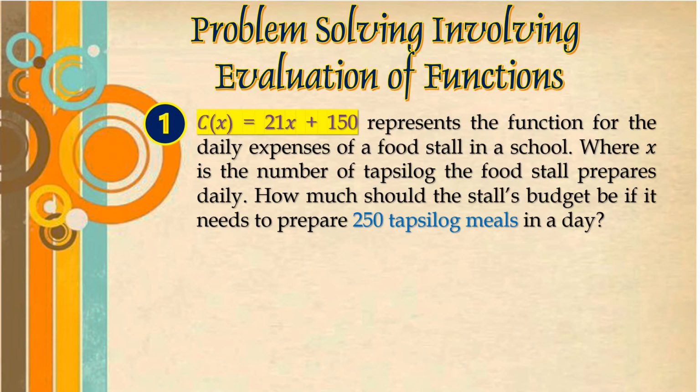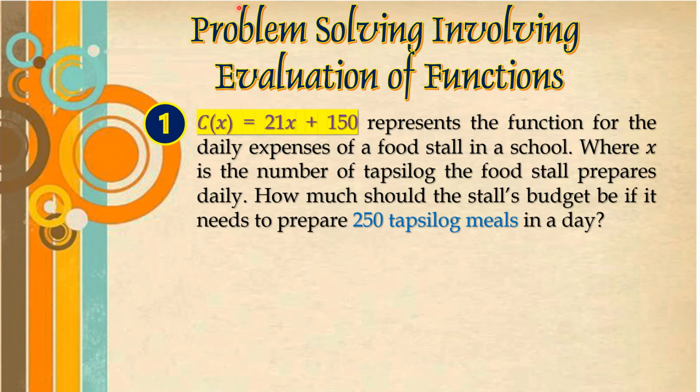Now, let's proceed with problem solving involving evaluation of functions. So we have here a word problem. C of x is equal to 21x plus 150 represents the function for the daily expenses of a food stall in a school, where x is the number of tapsilog the food stall prepares daily. How much should the stall's budget be if it needs to prepare 250 tapsilog meals in a day?